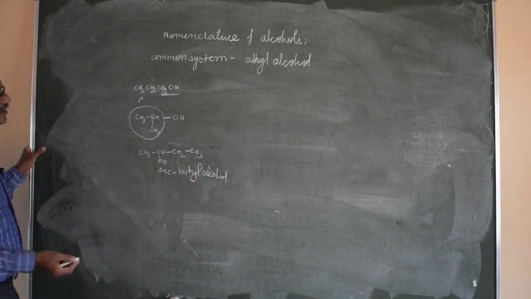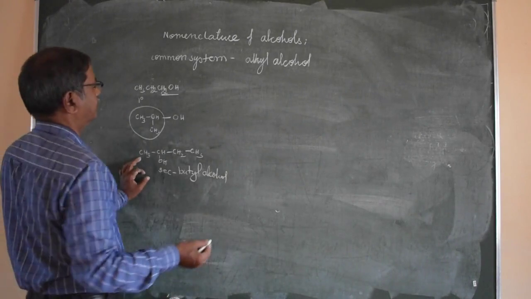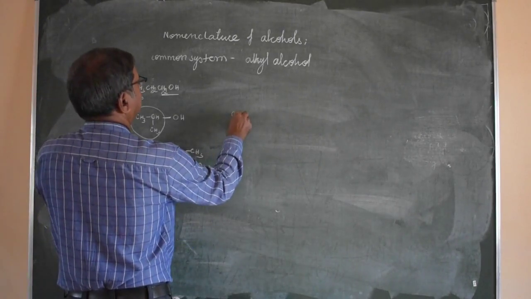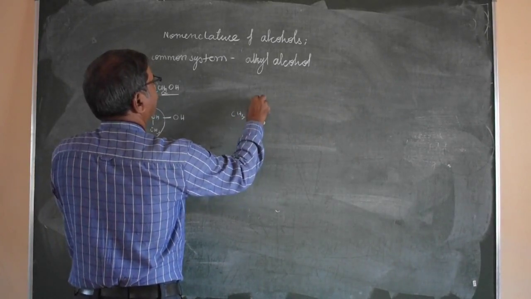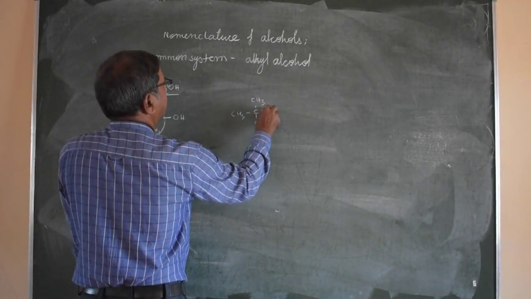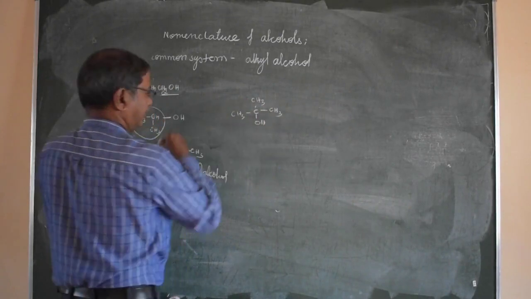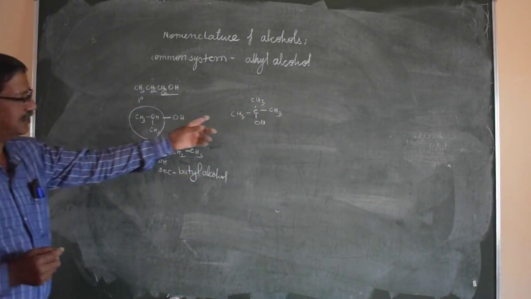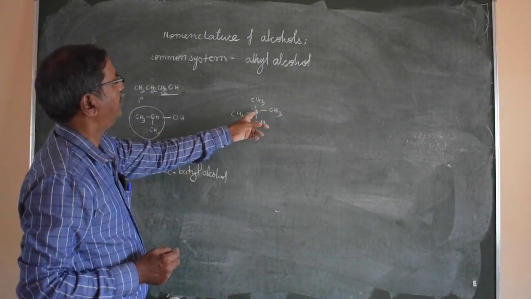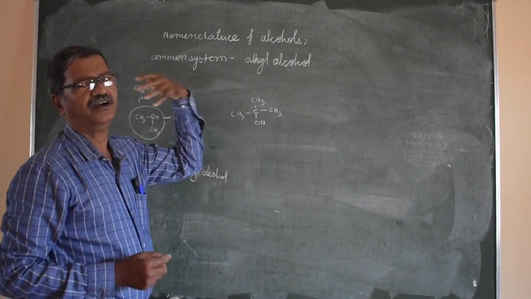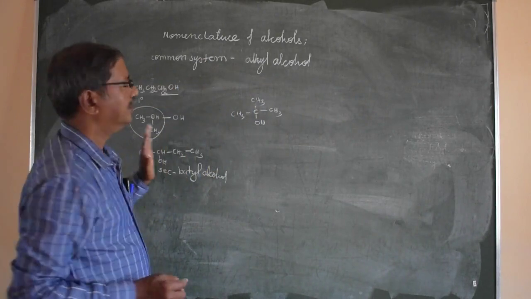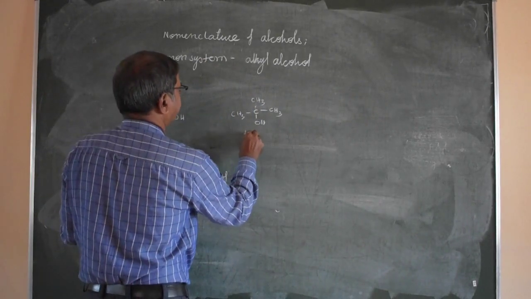Then tertiary. For tertiary, we have the OH attached to the carbon which does not contain any hydrogen atom. So this is tertiary because this carbon is not attached to hydrogen; it is attached to three CH3 or three other groups.